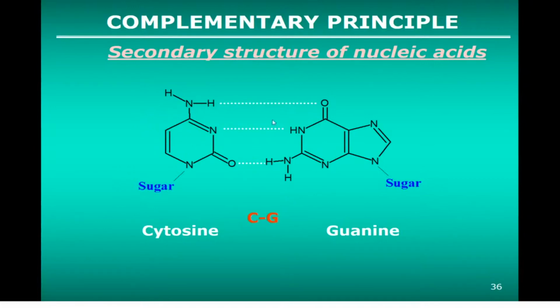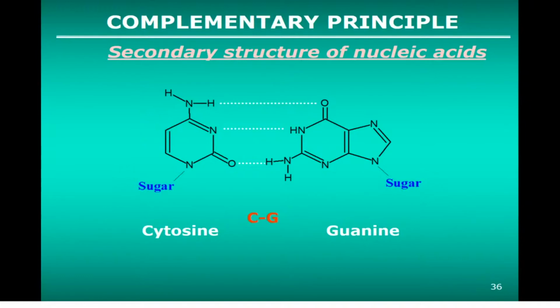So take a look at guanine and cytosine. There are 3 hydrogen bonds stabilizing this secondary structure: 2 hydrogen-oxygen hydrogen bonds, and 1 hydrogen-nitrogen hydrogen bond.